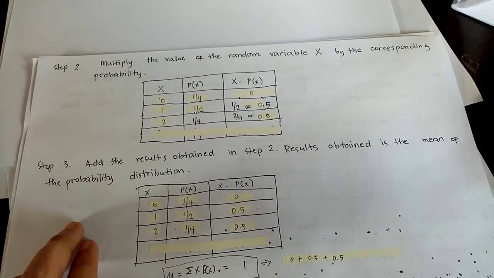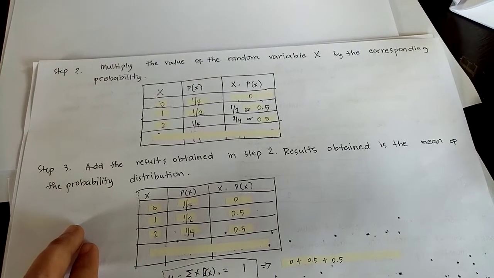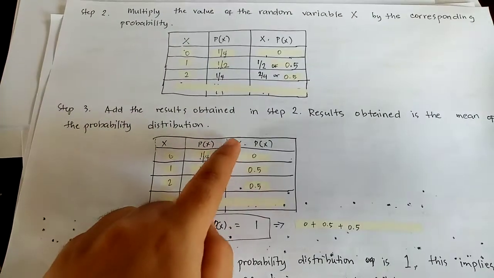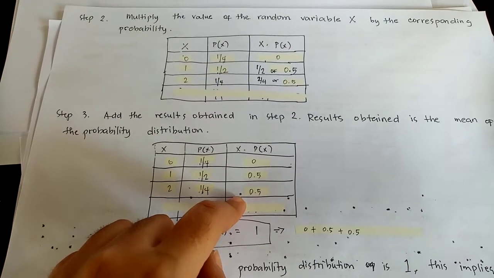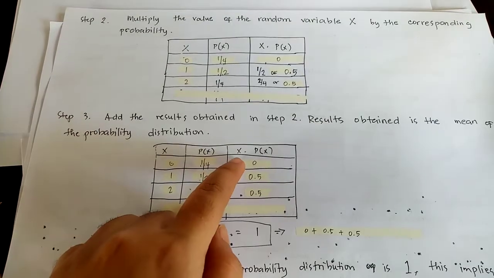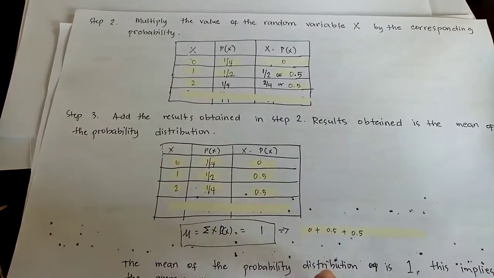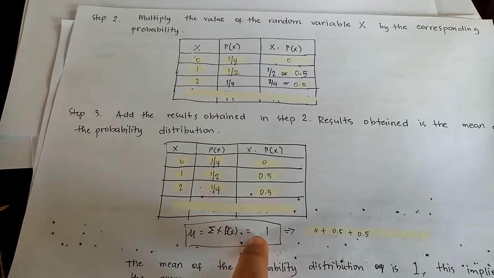Results obtained is the mean of the probability distribution. So, yung minultiply po natin random variable and the corresponding probability, i-add lang natin. So, ito na yon. So, 0 plus 0.5 plus 0.5 is equal to 1.